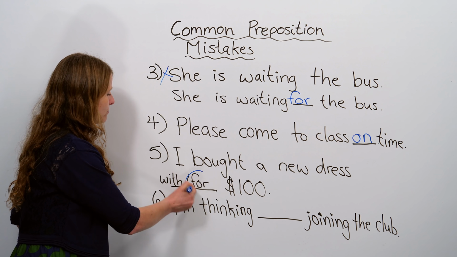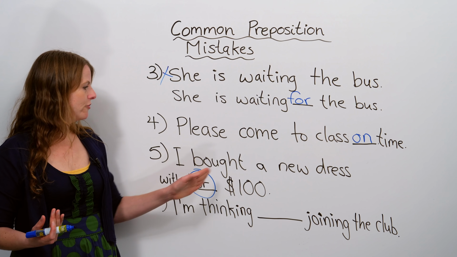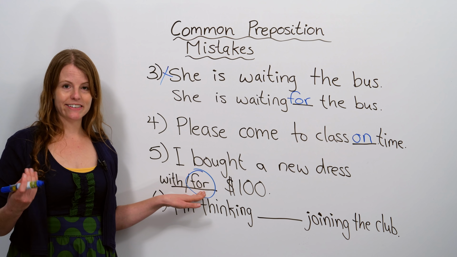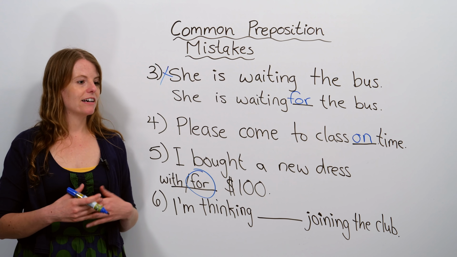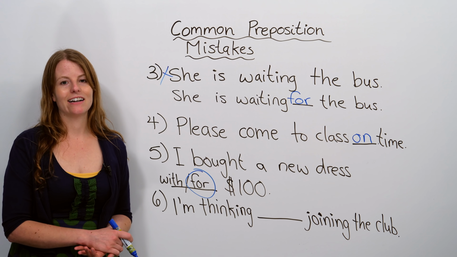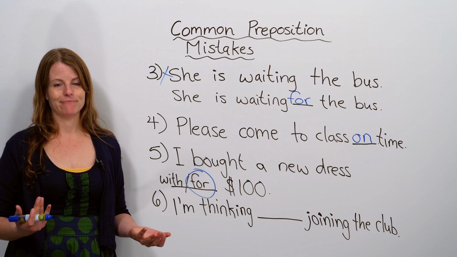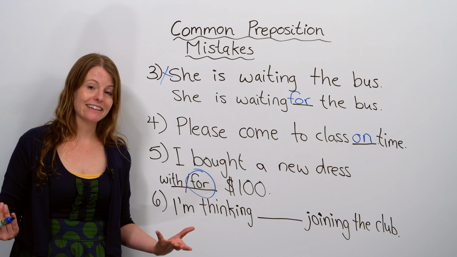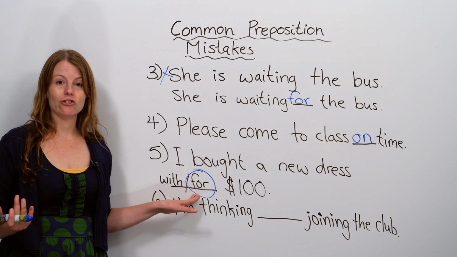In this case, we use for. What you're saying in this sentence is, I bought a new dress and it cost $100. I bought a new book for 50 cents. I bought a new purse for $200. Okay, so when we're talking about buying things and we're talking about money, we use this preposition for.